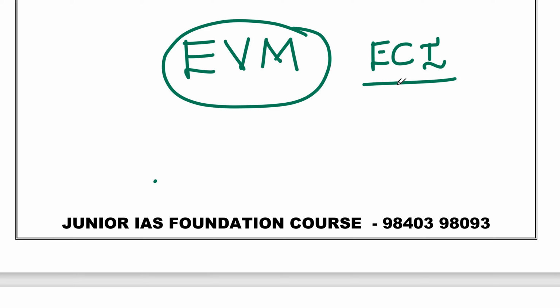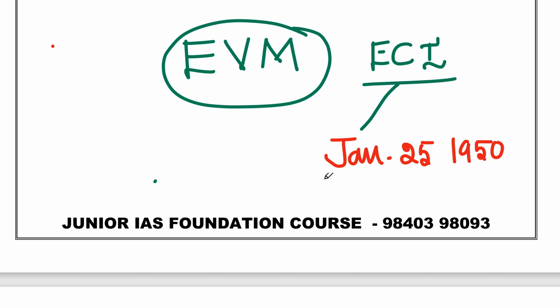When was the Election Commission of India established? With the year and the date, if possible. Very important. January 25, 1950. After independence, one day prior to India becoming a Republic.